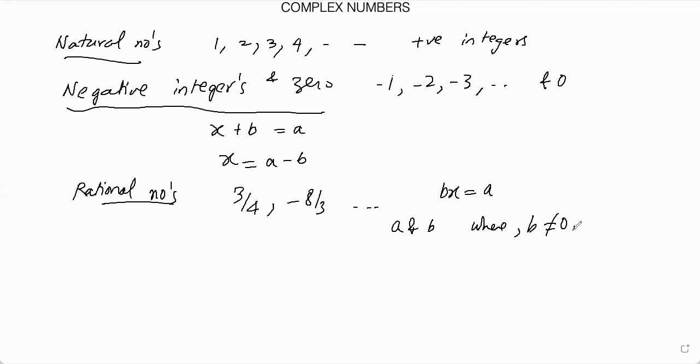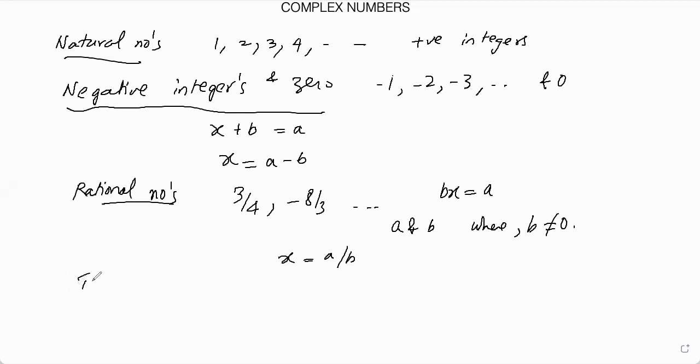Now this leads to the operation of division, or inverse of multiplication, and we write this as x is equal to a divided by b, the quotient of a and b, where a is the numerator and b is the denominator.